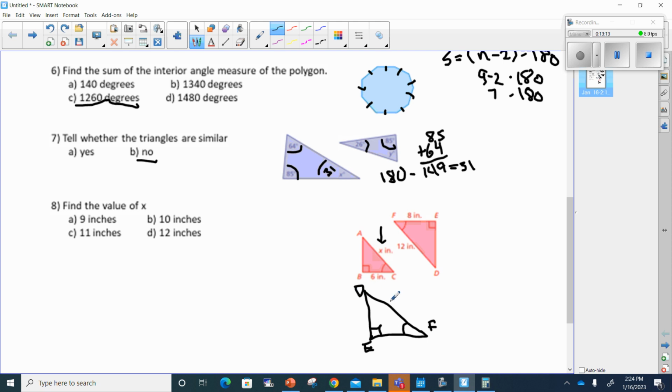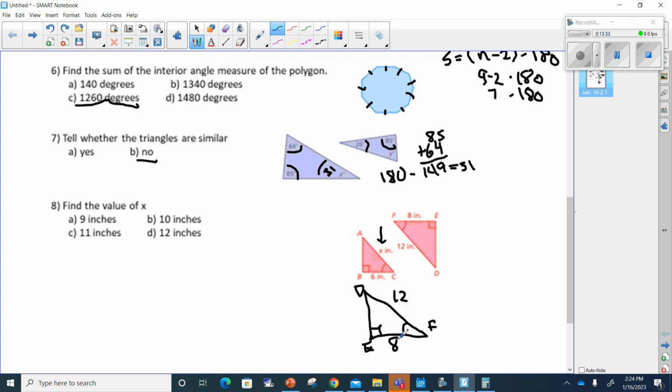Now I'm able to find everything, because I know this big long one between D and F is 12, and this bottom one between E and F is 8. So we're comparing 6 to 8 and x to 12.